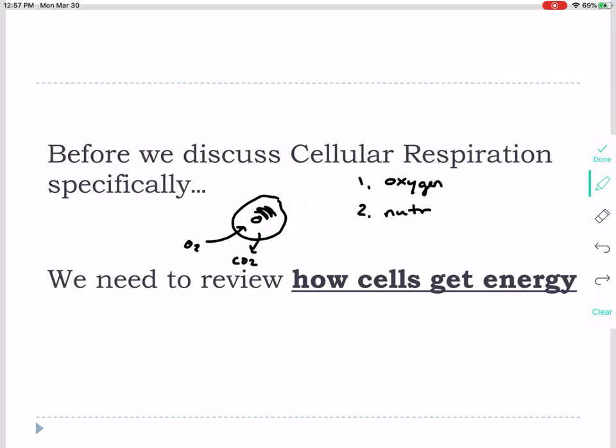Something else that cells need in order to do their thing are nutrients. So not only do we need to supply them with gases, we also have to supply them with nutrients, like glucose. Here's my little hexagon glucose. So we need to bring in glucose.